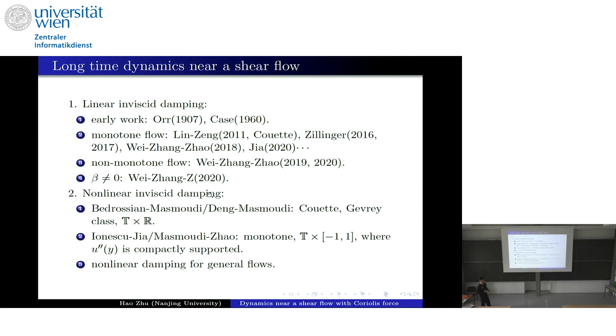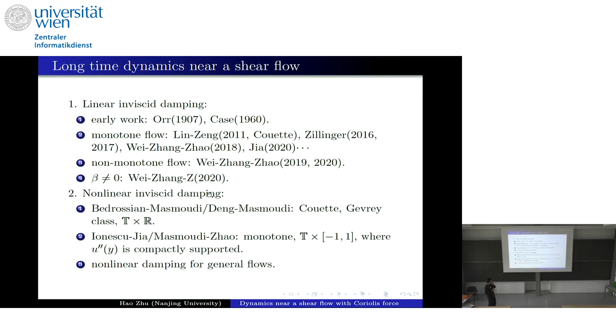I mean the linear operator does not have an embedded eigenvalue. And in the nonlinear case, Bedrossian and Masmoudi, and Deng and Masmoudi, worked on the Couette flow in this region, and they mainly considered the inviscid damping with the perturbation taken in some Gevrey class.